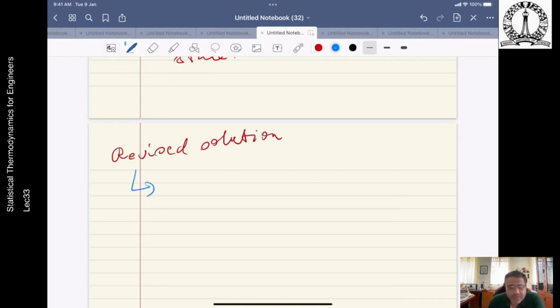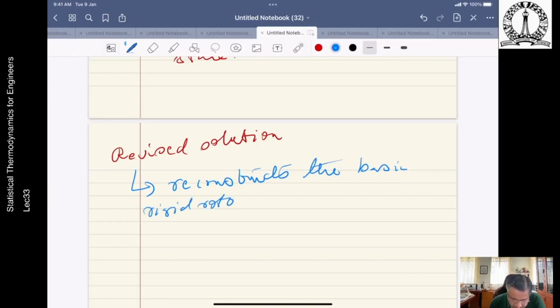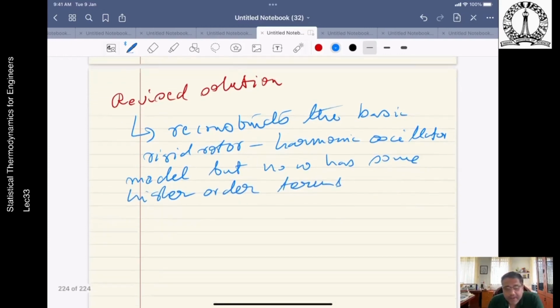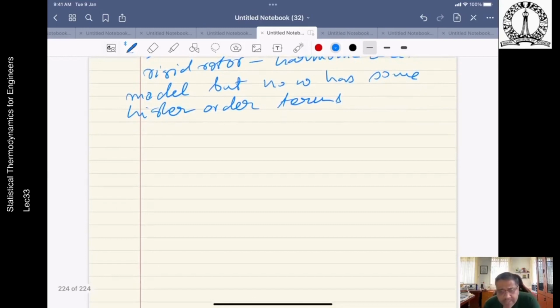First and foremost, it reconstructs the basic rigid rotor and harmonic oscillator model, but now has some higher order terms which are not negligible.